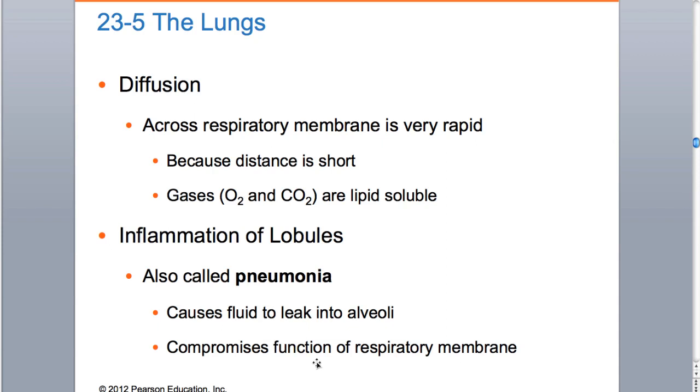So if you fill up your alveoli with fluid, and pneumonia shows up nicely on an x-ray, it shows up as a filled up alveoli. So if the alveoli fills up with fluids, what happens to the distance between the alveoli and your blood vessel wrapped around that alveoli? It increases. Very, very important to understand that.